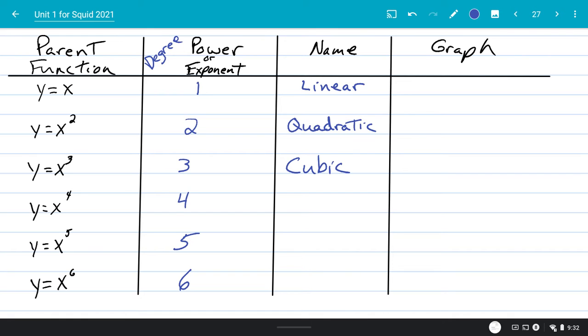Something to the fourth power is quartic. Quarters. There are 4 quarters in a dollar, 4 quarts in a gallon. Quartic. Something to the fifth power is quintic. I know for you Avenger fans, the Quinjet has 5 engines.